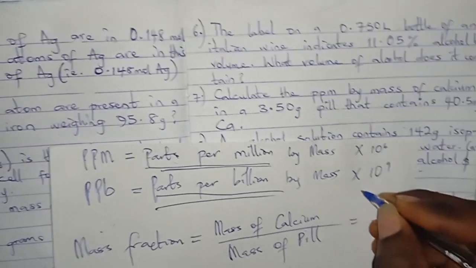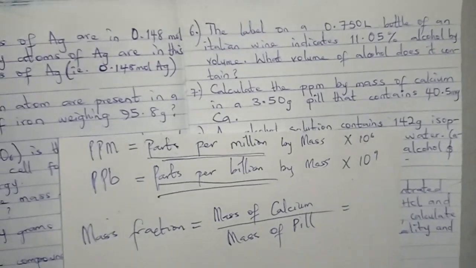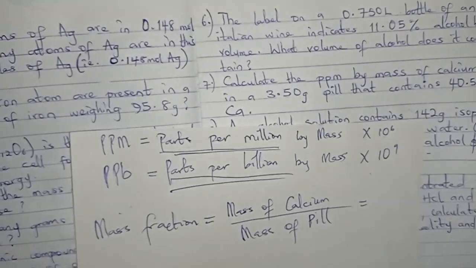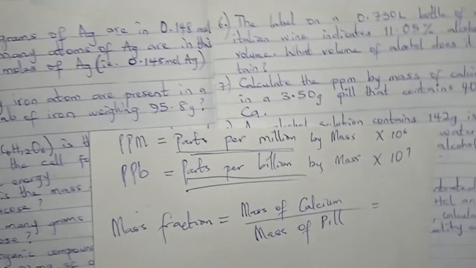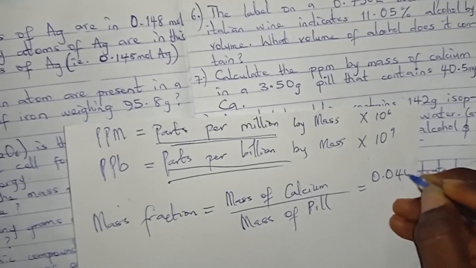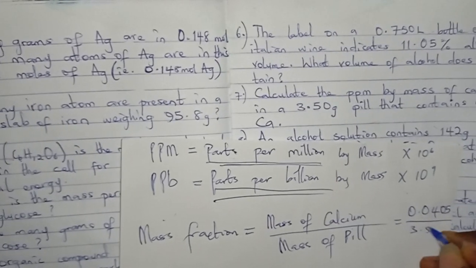So convert 40.5 milligram to gram by dividing by 1000. So 40.5 divided by 1000, I get 0.0405, all over the pill itself, which is 3.50.